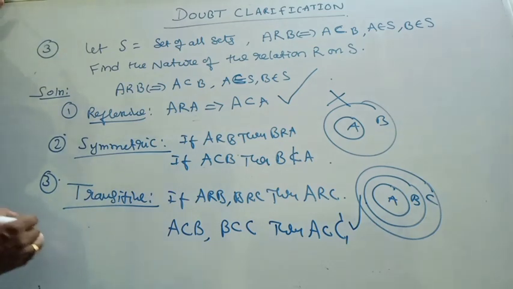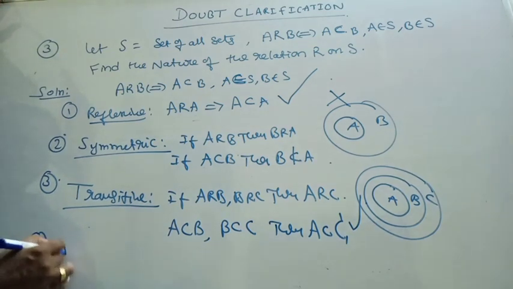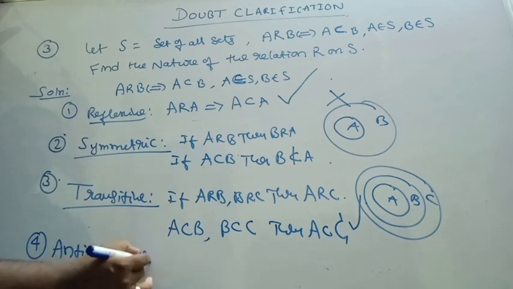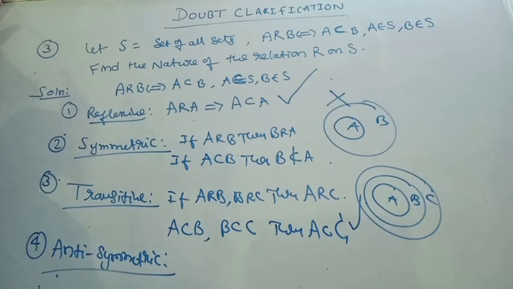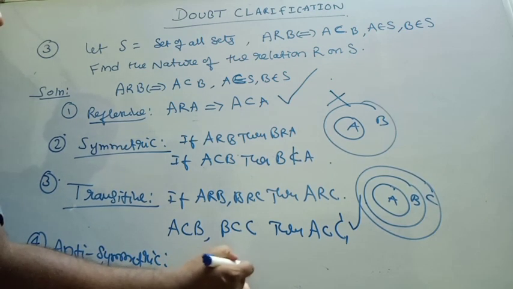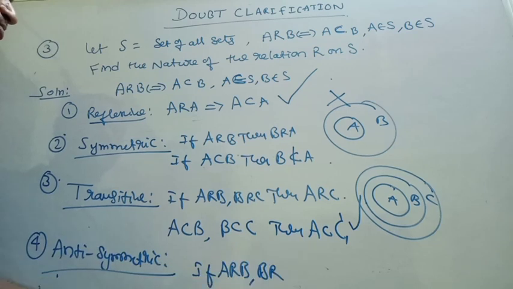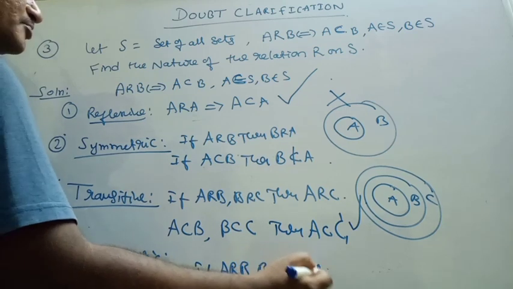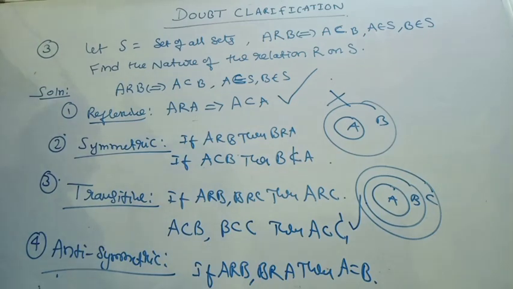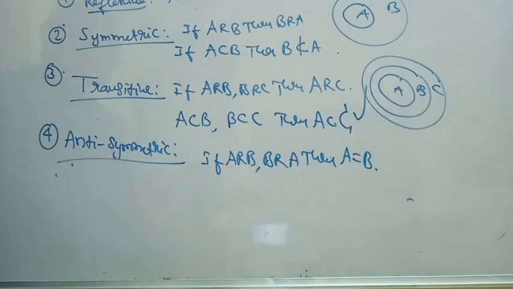Next, let us check the fourth one, anti-symmetric. What is the anti-symmetric property? It means if A is related to B and B is related to A, then we should prove that A equals B. Let us check what we have here.